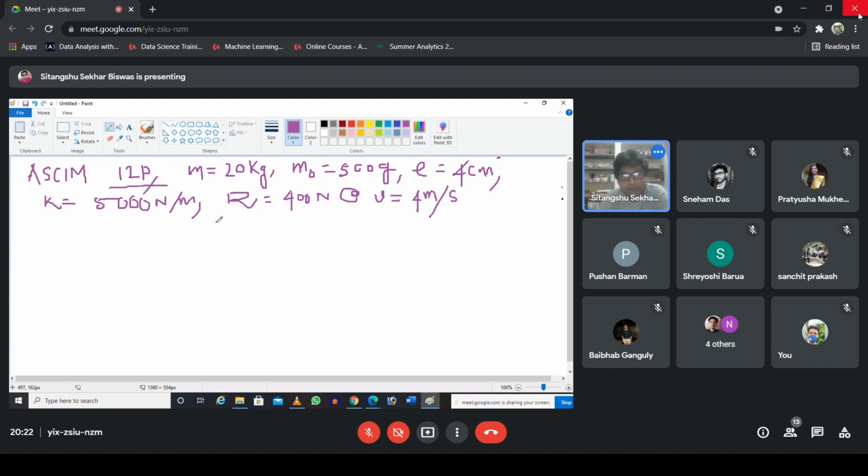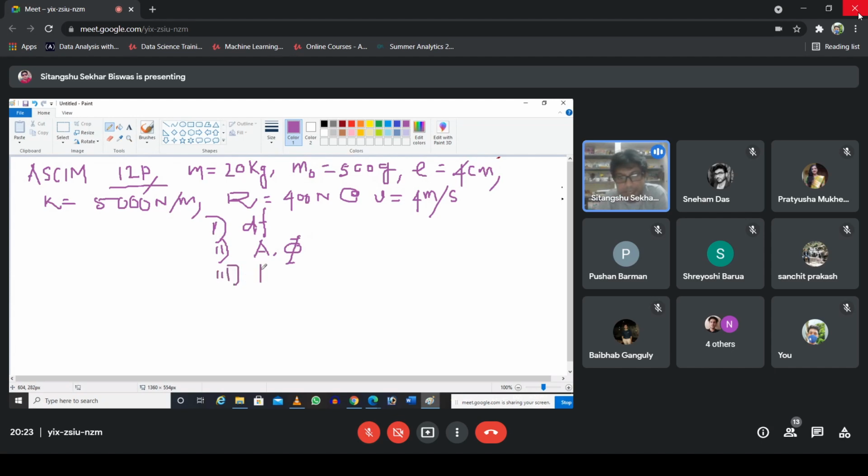Find the following. Number 1, the damping factor. Number 2, the amplitude and the phase angle of vibration in terms of displacement.